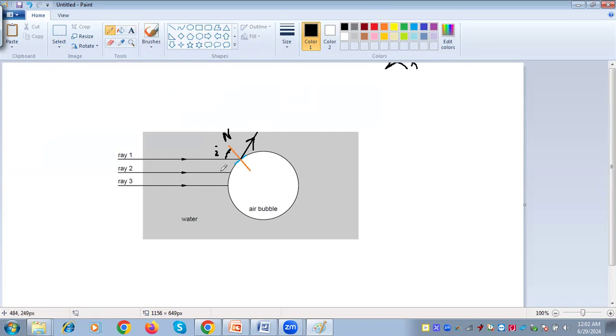Now for the second ray, you have to make another small section, then the normal. That is a flat portion tangent to the curve at the point of incidence. This is the normal, 90 degrees to the tangent. What is the angle of incidence of ray 2? 27.